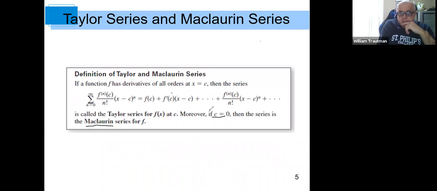So that's the main thing. A Taylor is a Maclaurin, or a Maclaurin is a Taylor. It's just where c equals 0. And once again, c is in the formula. We're just going to plug it in. And normally they tell us what c is.